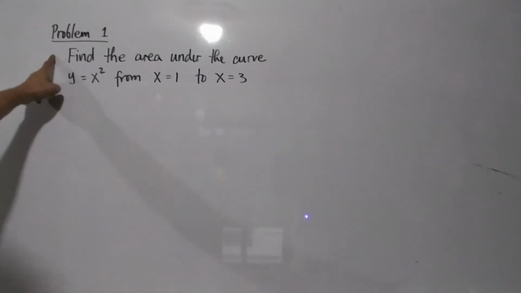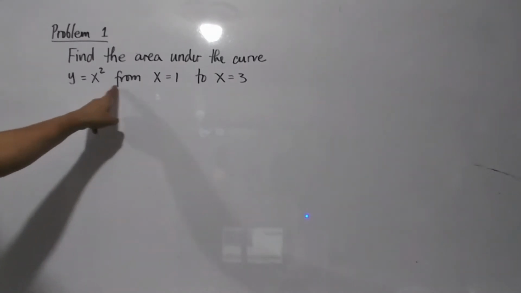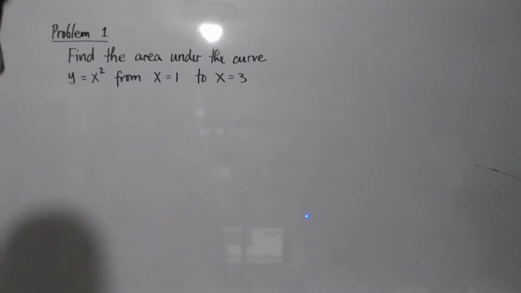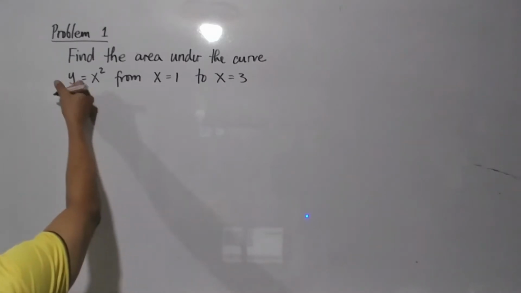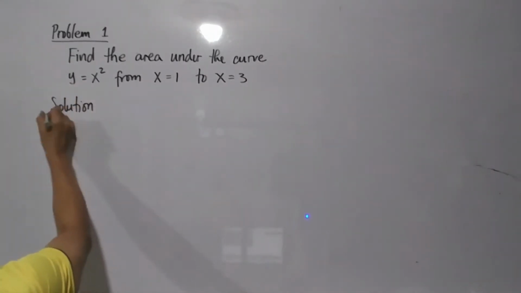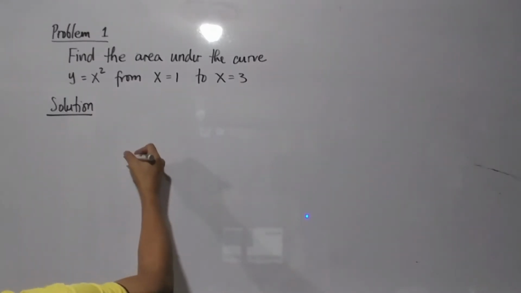So, for our problem number 1, find the area under the curve y equals x squared from x equals 1 to x equals 3. So, to solve it, you have to apply your knowledge in analytic geometry.